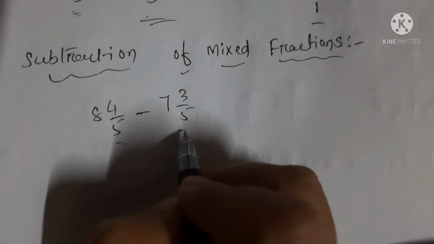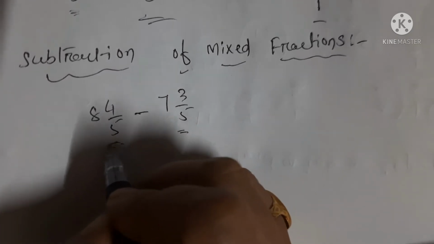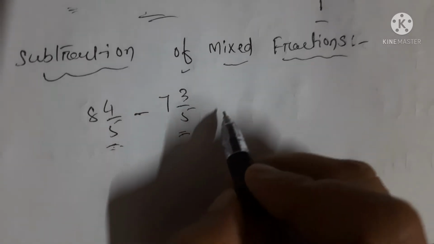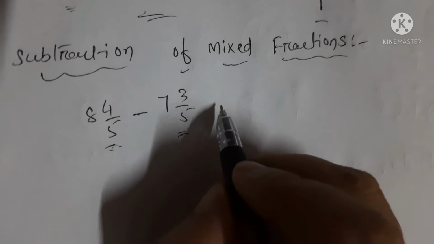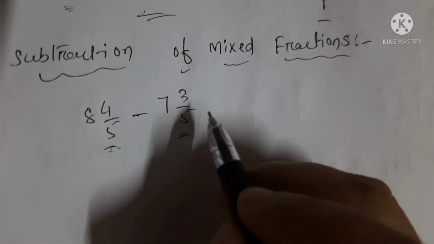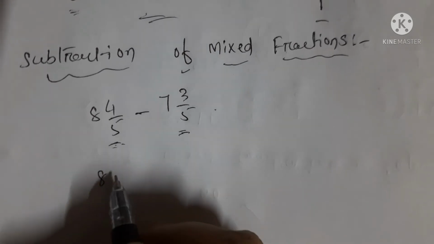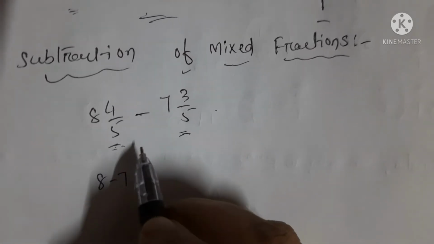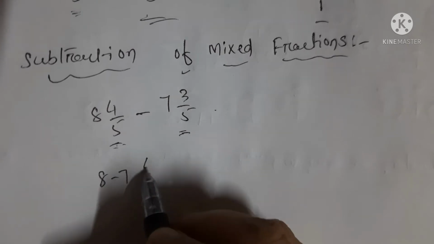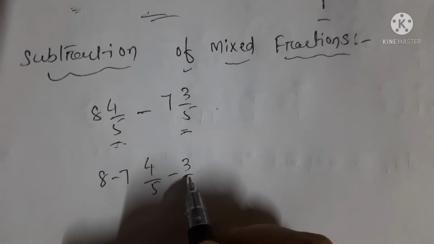Now here you can see, this is a like fraction. Here it is one like fraction, here also like fraction, both are like fractions, but these are mixed fractions. Now you need to do it like this. 8 minus 7, the whole numbers you will put here, then here 4 by 5 minus 3 by 5.